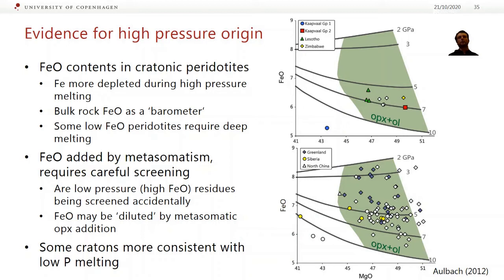And so through this metasomatism, you might actually end up with a lower iron content than you had to begin with. So that makes this potentially unreliable. You can also see in the bottom plot that for some cratons, the iron contents, even after this screening that Aulbach did, are definitely more consistent with low pressure melting. So some of the Greenland and North China craton residues cluster up around the 2 or 3 gigapascal melting curves.